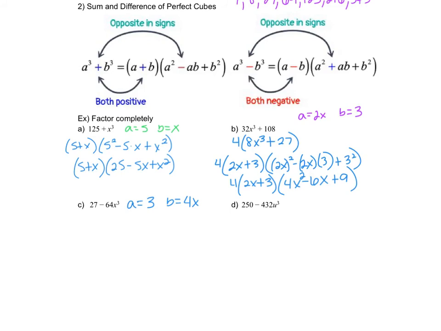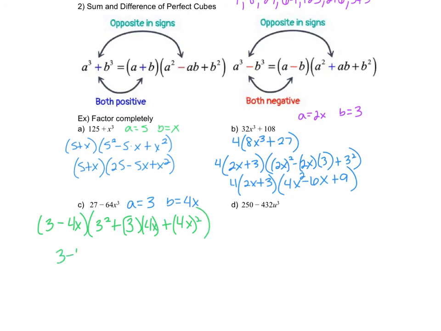You just kind of know where to put the positive and negative signs. So this would be a minus b, so 3 minus 4x, and then this would be 3 squared plus now 3 times 4x plus 4x squared.